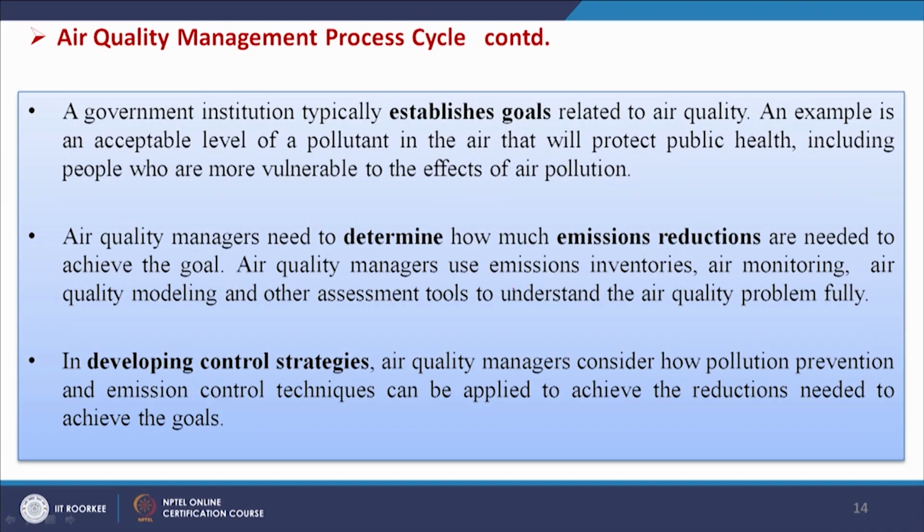Air quality managers use emissions inventories, air monitoring, air quality modeling and other assessment tools to understand the air quality problem fully. In developing control strategies, air quality managers consider how pollution prevention and emission control techniques can be applied to achieve the reductions needed to achieve the goals.